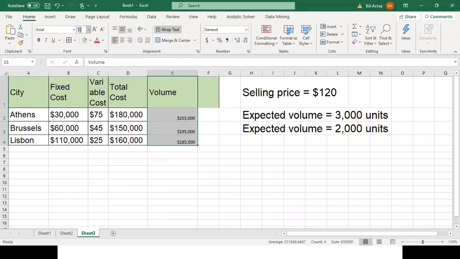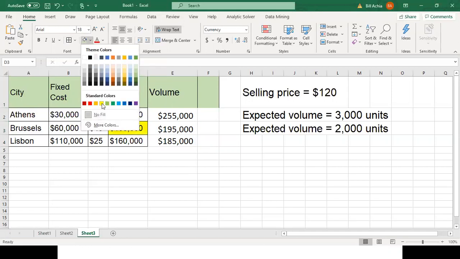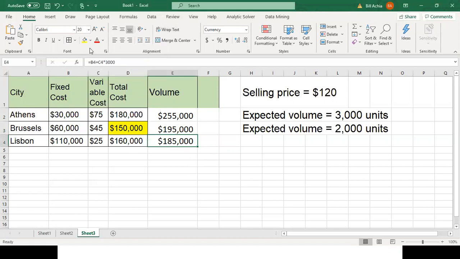If our volume increases, which you expect for a business that is growing, our total cost that was lowest for Brussels is now lowest in Lisbon. So that's another scenario, with a volume of 3,000.